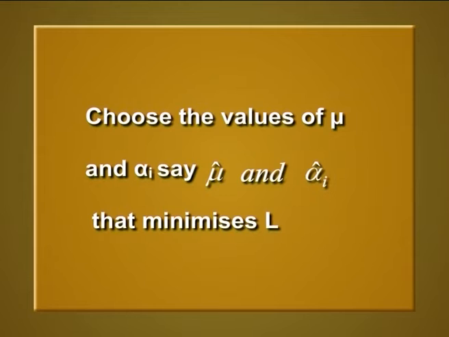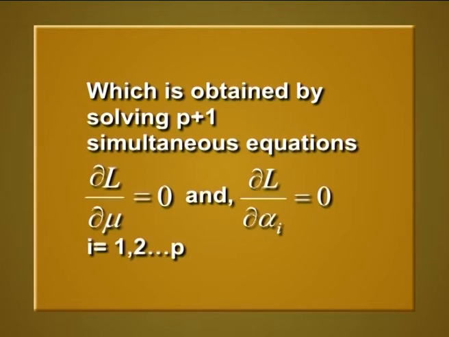Now, choose the values of mu and alpha i, say mu hat and alpha i hat, that minimize the error sum of squares denoted as L, which is obtained by solving p plus 1 simultaneous equations: dou L by dou mu equal to 0 and dou L by dou alpha i equal to 0, i equal to 1 to p.